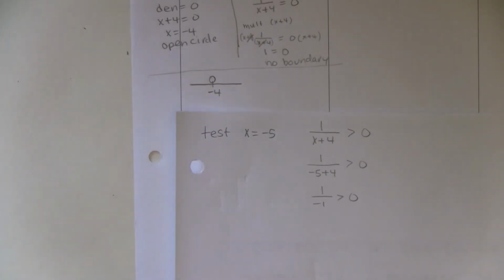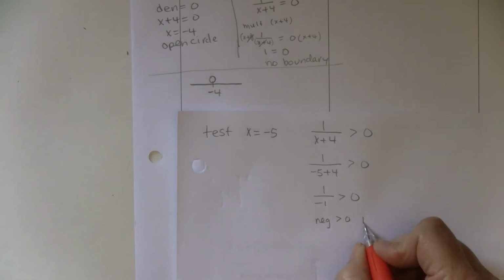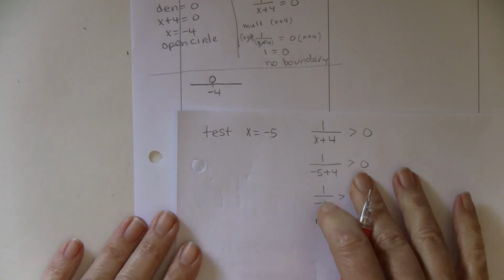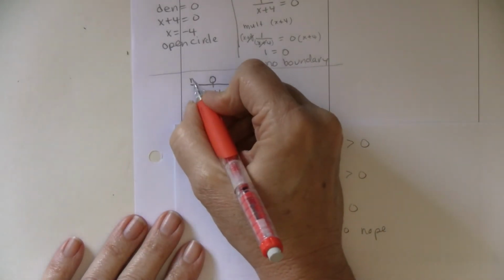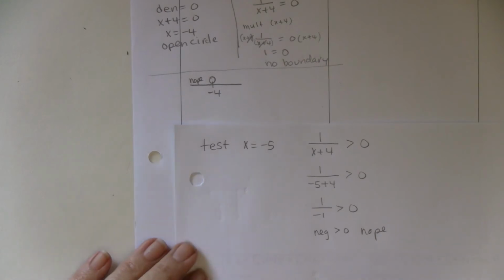And all I care about really, because it's compared to 0, is whether it is positive or negative. Since it is negative, negative's not bigger. I don't care what it is. That's not bigger than 0. So this is a nope in my region. Okay. And then I want to test the other side.